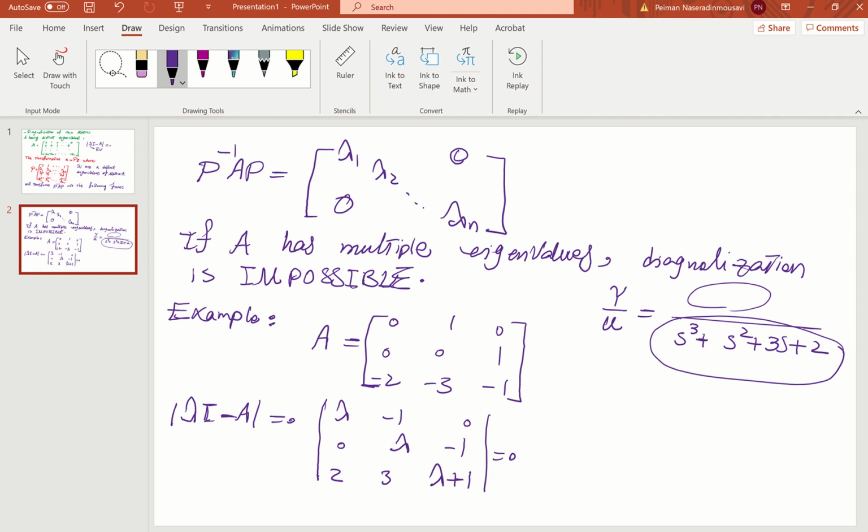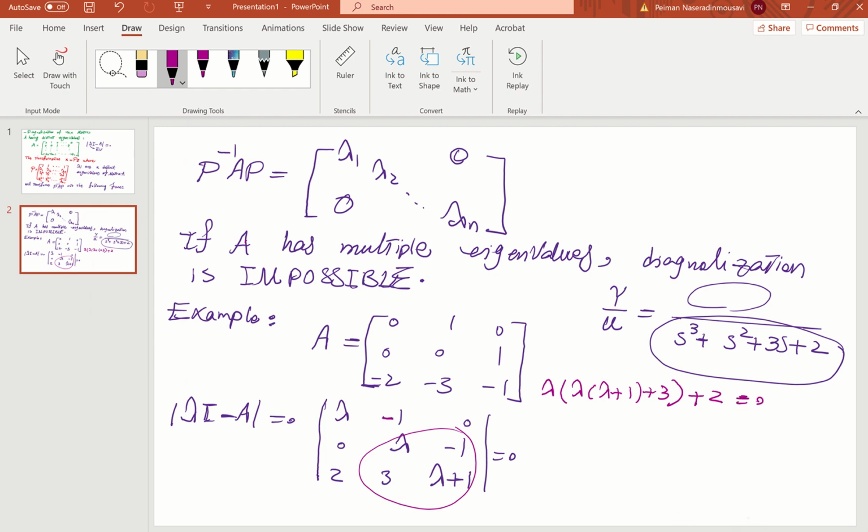This is how I find the determinant, you have to know it from algebra. The determinant of this matrix is going to be lambda times lambda plus 1, plus 3, and then plus 1, because this is the adjunct, so it's going to be 0 and plus 2, and this is 0.